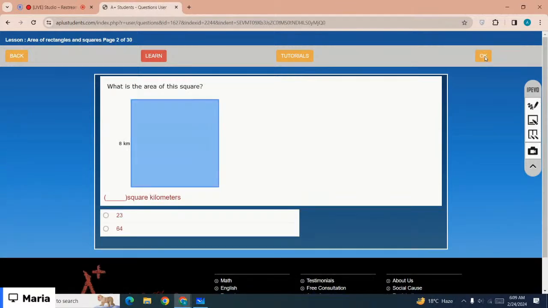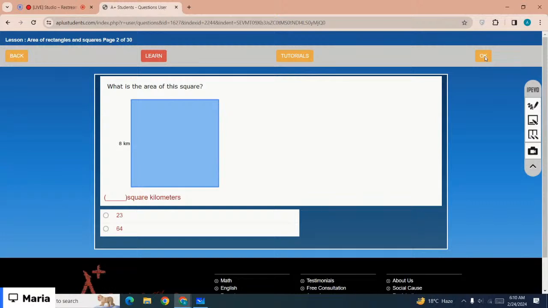The next one is, what is the area of the square? You are given a square, you need to calculate the area of the square. So which is the correct option? Square has all four sides equal in length, right? The given length is 8.